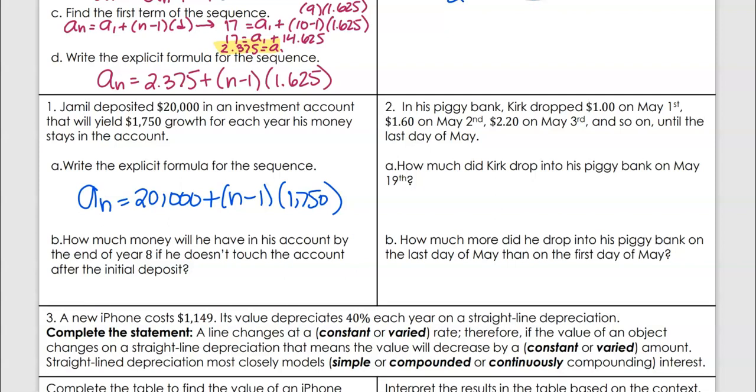All right, now use that to figure out how much money will he have in his account by the end of year 8 if he doesn't touch the account after his initial deposit. So figure out how much will he have after year 8.